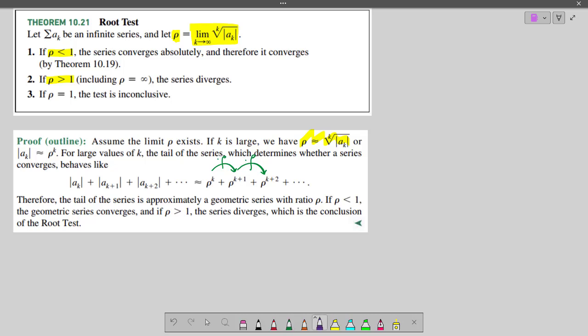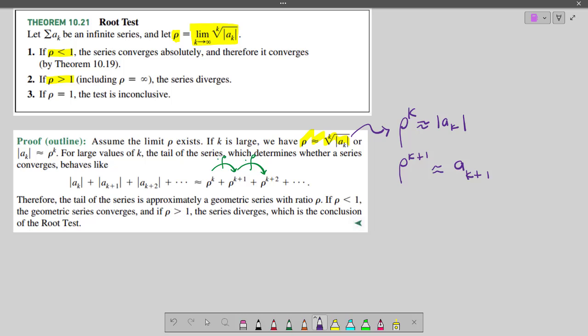So if we take this, we have that the kth term, absolute value of a sub k, is about rho to the k. And that's true for all k, so you can replace the k with k plus 1, you can replace the k with k plus 2, and we see that each term in the tail is about rho times the prior term.